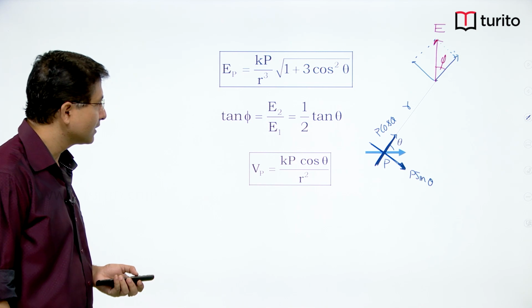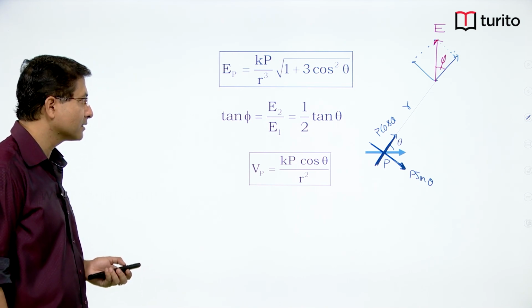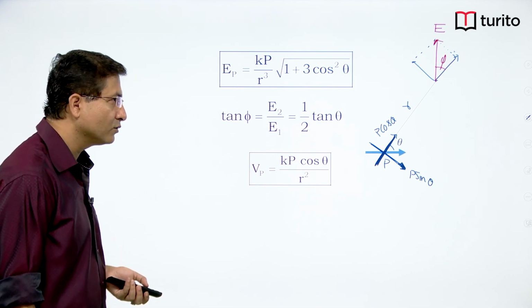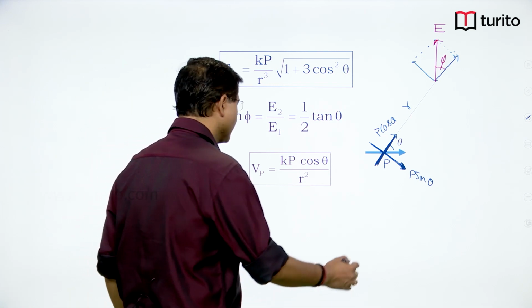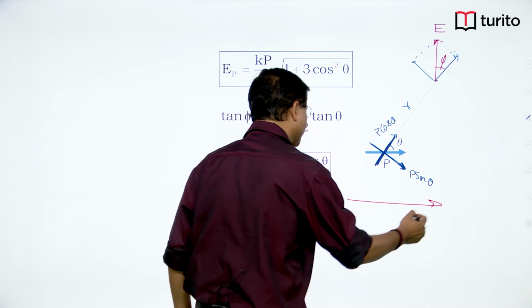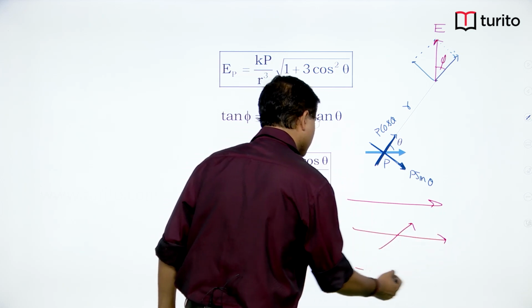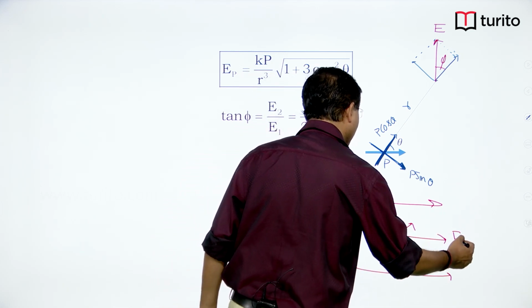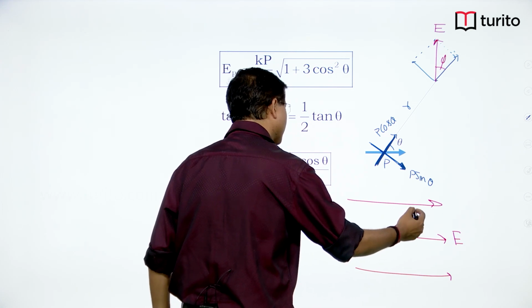And then in the last part I discussed when a dipole is placed in a uniform field. So this is representing the field and this is representing the dipole moment.